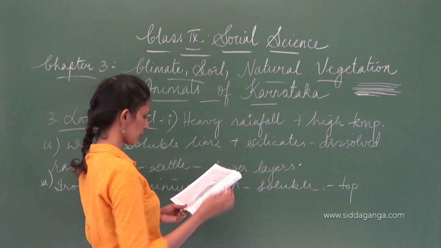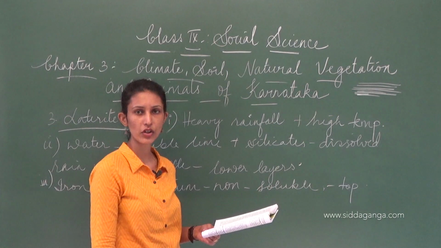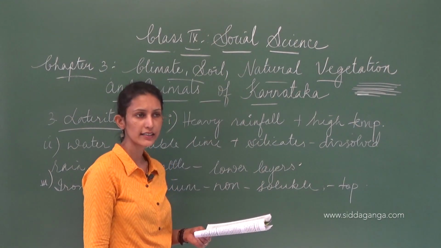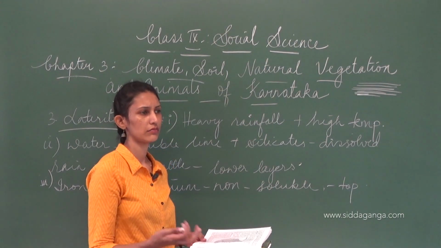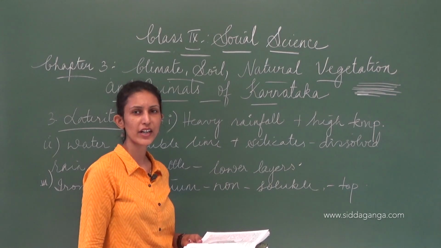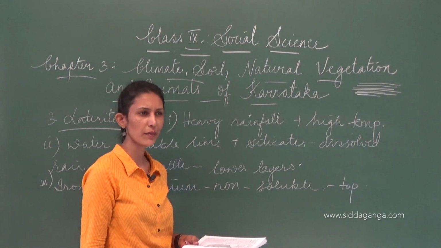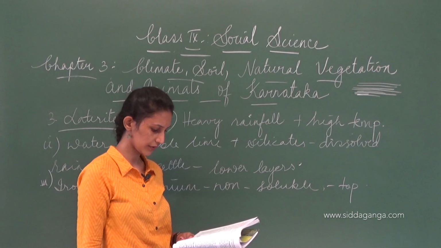So the top layer of the soil becomes very soft during the rainy season, and then it becomes very dry in the summer season. Most of the parts in Karnataka have laterite soil.